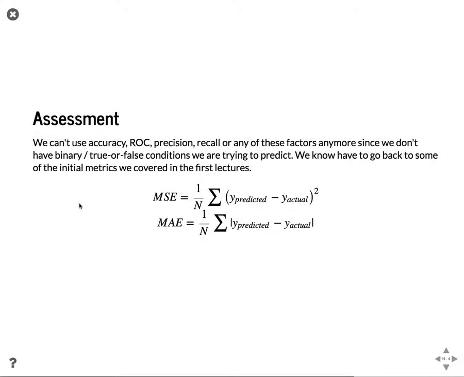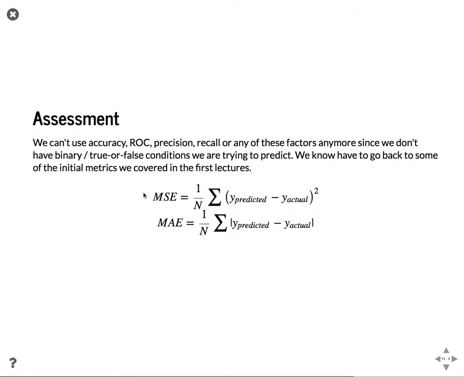What we have is a predicted value and an actual value. So what we typically use are mean squared error and mean absolute error. Of course, there's lots of other metrics you could come up with, but fundamentally we penalize by how different the predicted value is from the value it's supposed to be. And that's how we assess these systems.